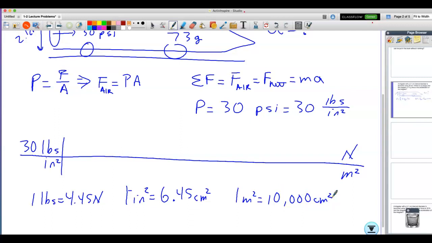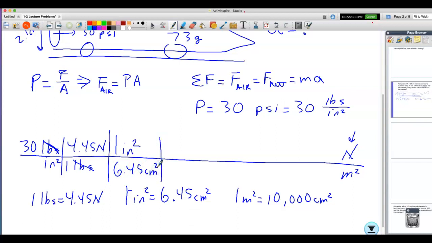So pounds are going to go on the bottom. So 1 pound, 4.45 newtons. That means our pounds are going to cancel, right? Leaves us with newtons. That's what we want over here. So that's good. So now our inches. Our next conversion, 1 inch squared goes on top and 6.45 centimeters squared goes on the bottom.